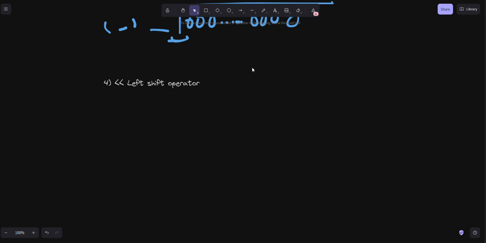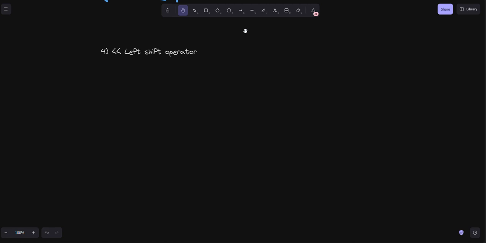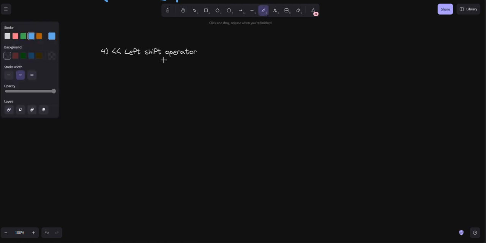Got it. So that was the point. Now similarly, let's learn about the left shift operator. You can probably guess right now what this is. Let me go a little bit down. So 13, if it is left shifted by 1, what will be the output? Easy. You can write 1 1 0 1. Now, what exactly is this value?